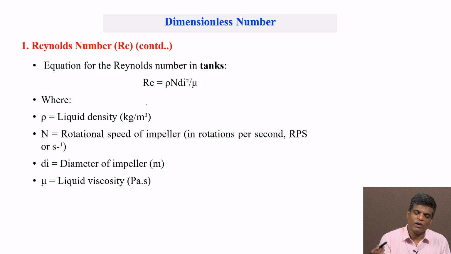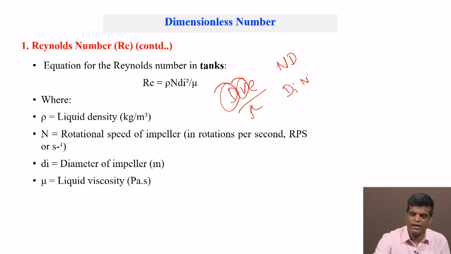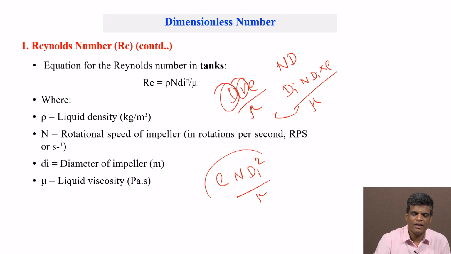What is the Reynolds number in a tank? From d V rho by mu, we replace V with N Di, and d is Di, so we can write rho N Di squared by mu. This is the Reynolds number for a tank.